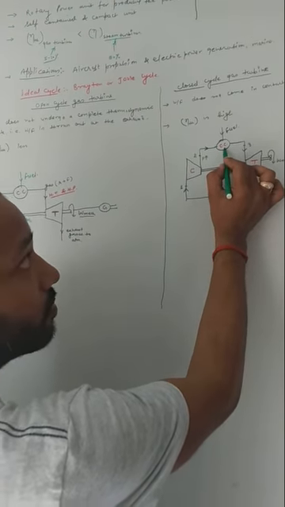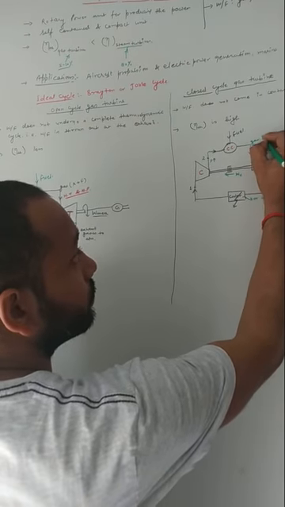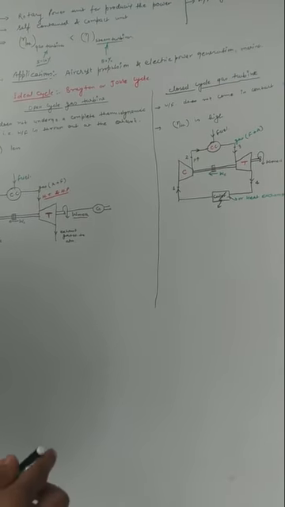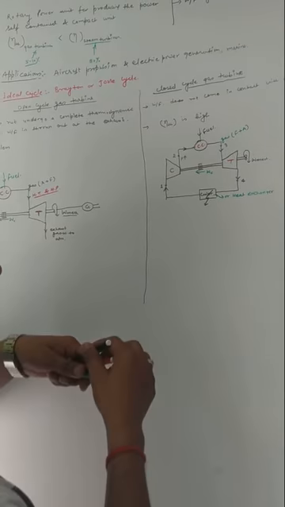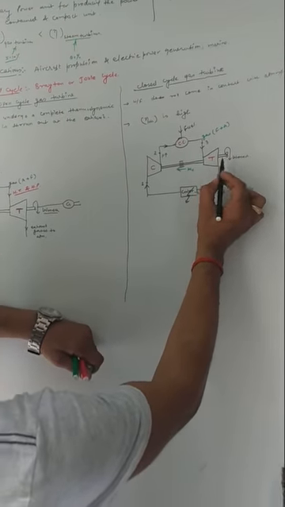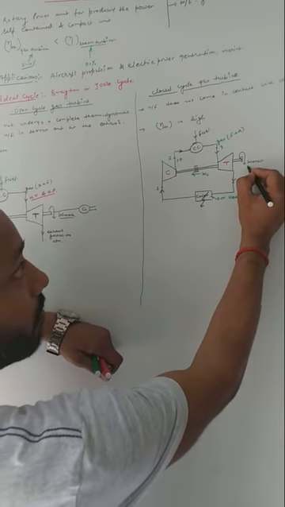The combustion takes place. After combustion, there is generation of gases. This is a mixture of fuel plus air. This is a combustible mixture of gases. These gases are expanded in the turbine. Here you get the rotation at the shaft. This is the mechanical work done.